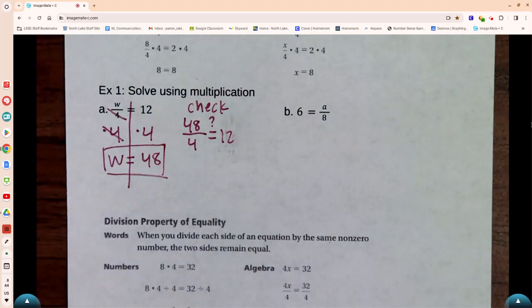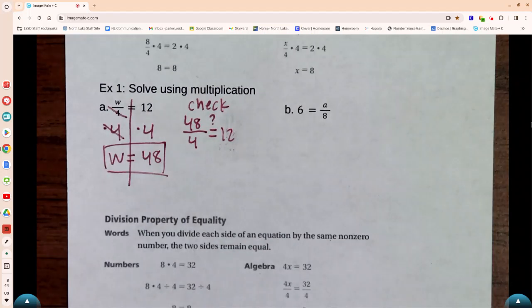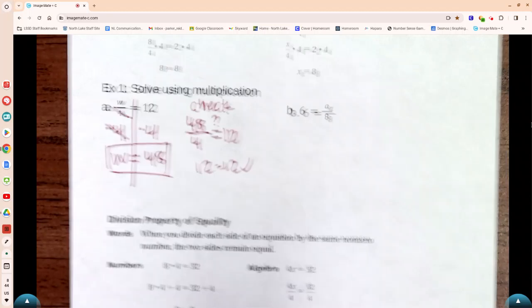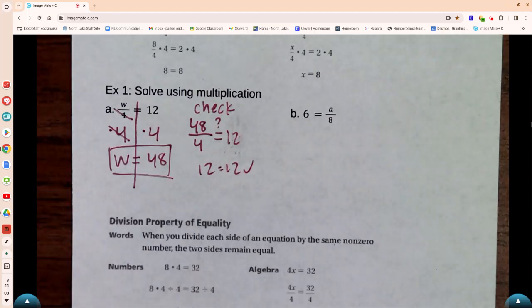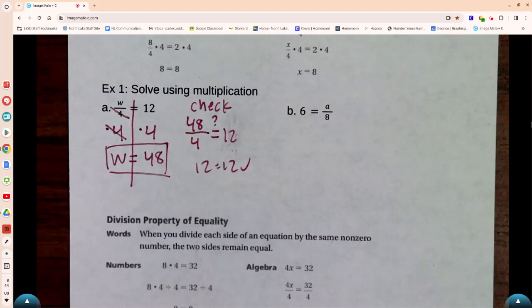And then one thing I didn't really mention yesterday, but that's really important. When I write this down, a lot of times what students do is then right underneath it, they just go, oh yeah, 12 equals 12. Cool, I'm good. I have seen students do that on a test. And what they wrote down actually doesn't equal 12. It equals like 8 or something. So when you write it down, actually do the math.